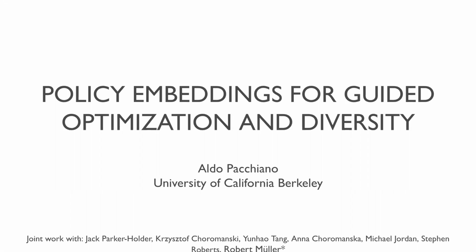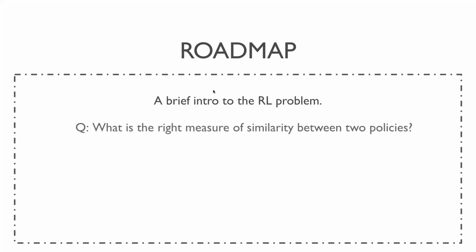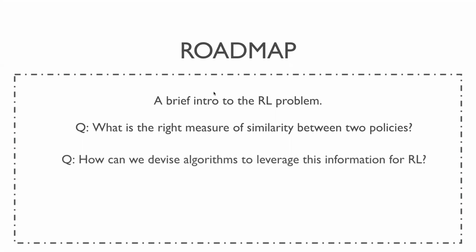Okay, so let me start. I'll begin by giving a brief intro to RL, for those who may not be familiar with it, and then I'll try to answer 4 questions. The first is: what is the right measure of similarity between 2 policies?